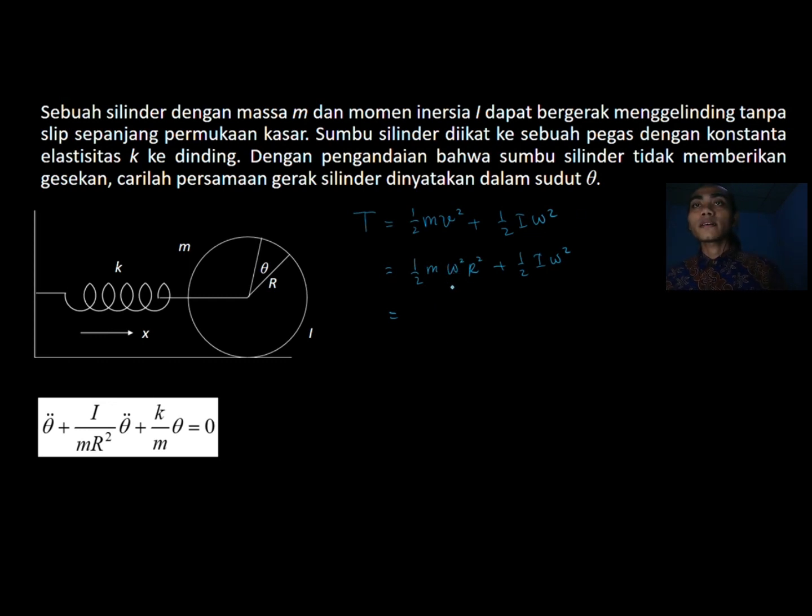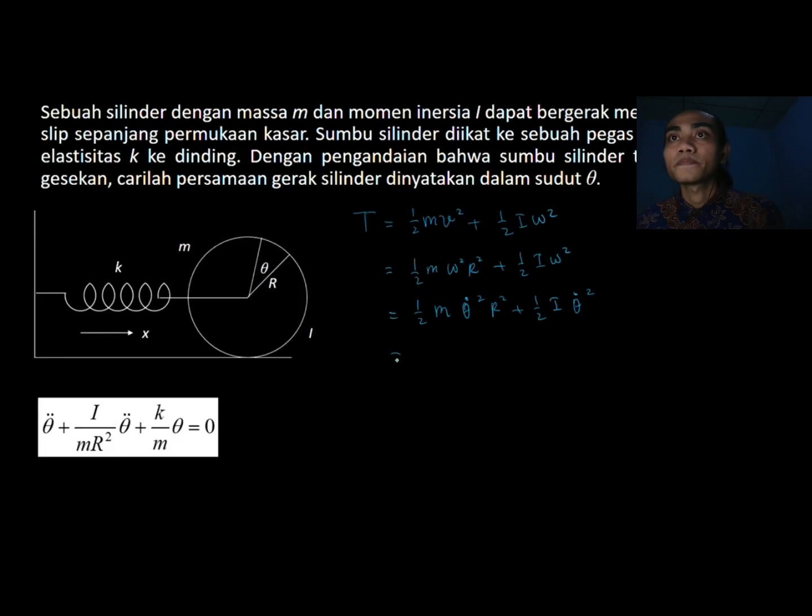So in this case, v squared is omega squared times the radius squared, plus the rotation energy. We change the omega into a theta, because the omega is the first derivative of theta with respect to time, right?